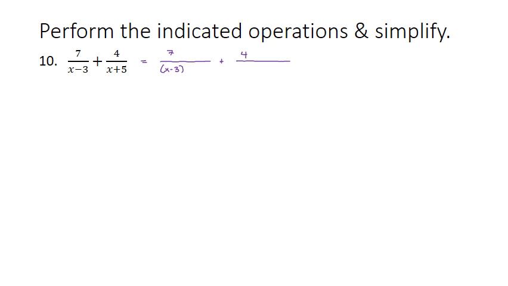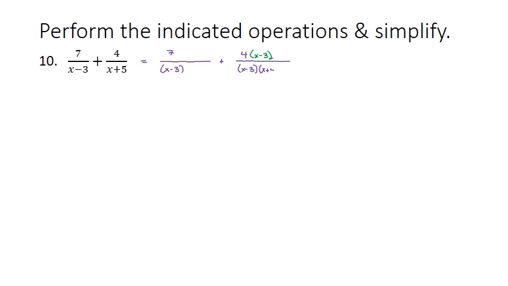Since there is an x minus 3 on the bottom of the first fraction, I have to also put an x minus 3 on the bottom of the second fraction. But since it wasn't there originally, I have to also add it to the top in order to keep it equal. That's actually the same with the x plus 5.